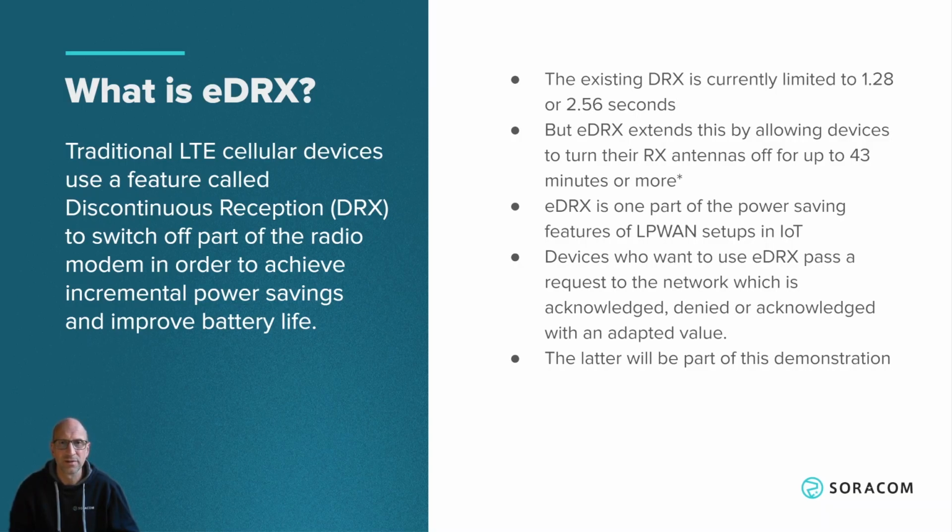By default, this is every 1.28 or 2.56 seconds in a standard LTE network. And to be able to extend this time to, for example, 5 seconds, 10 seconds, or up to 43 minutes, eDRX was introduced into the standards.